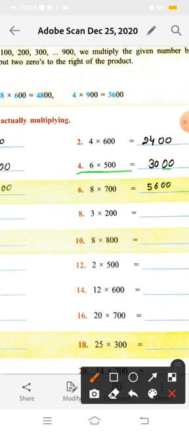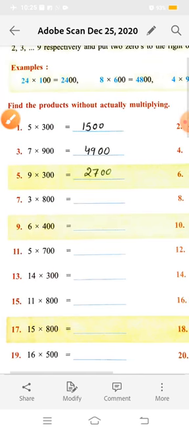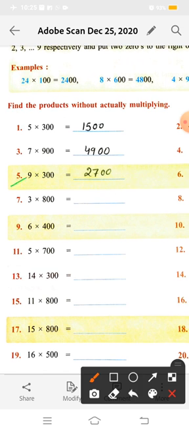It means to the right of the product. Now again, question number 5. Now here is 9 multiply 300. It means we will multiply firstly 9 into 3. So 9 threes are 27. Okay, and again we have 2 zeros. So put 2 zeros to the right of 27.